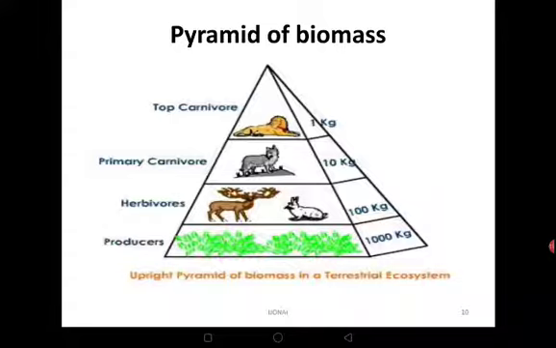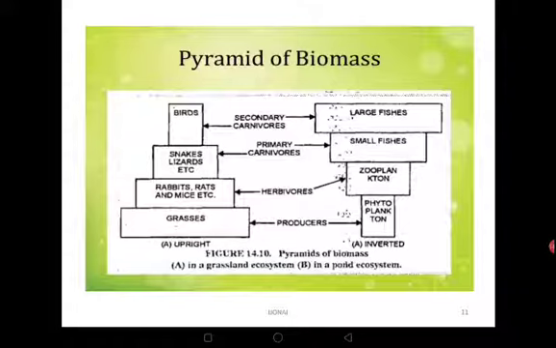The weights there may not be accurate, but you can see that as you move upwards, the weight decreases. The bar of the producers is the longest and has the biggest weight, followed by the primary consumers, then the secondary consumers, and then the tertiary consumers are the lightest. So that is how we represent it.